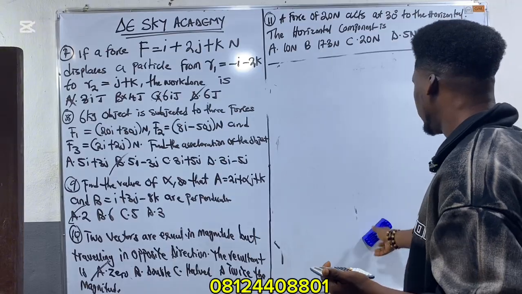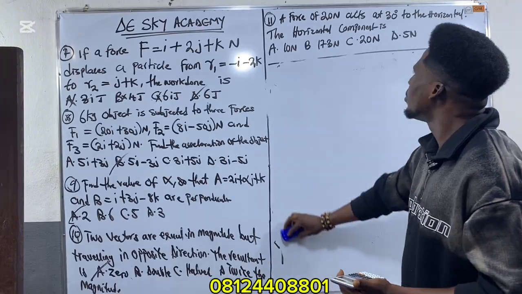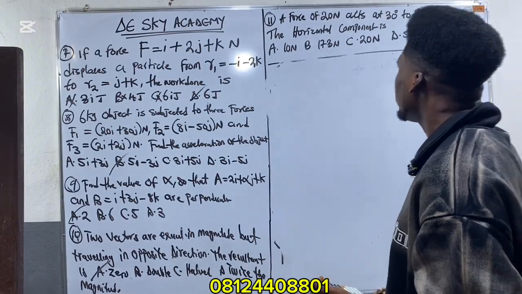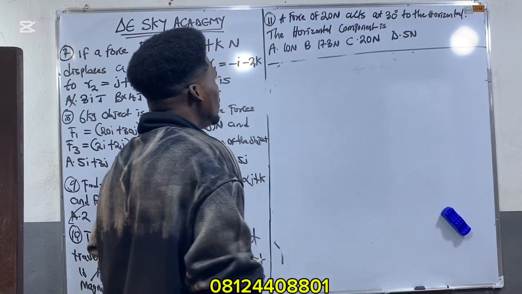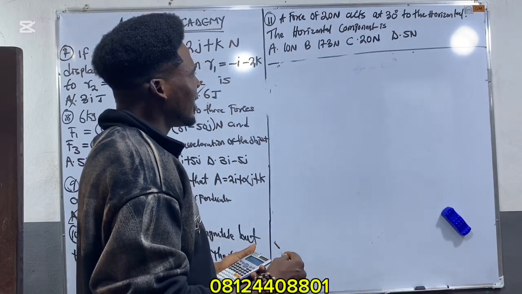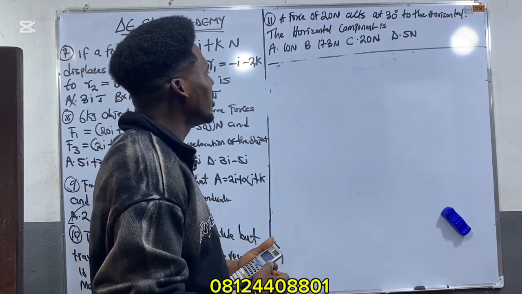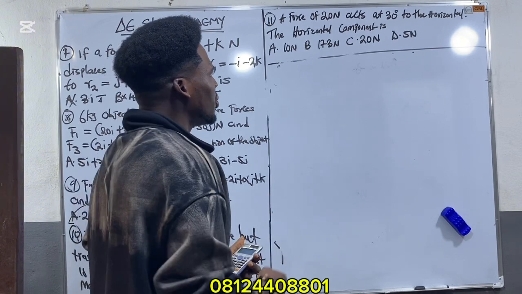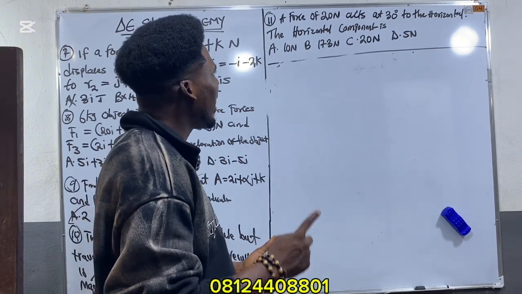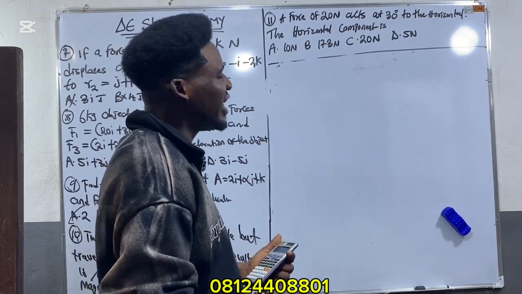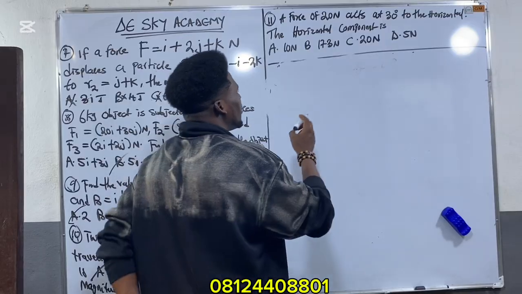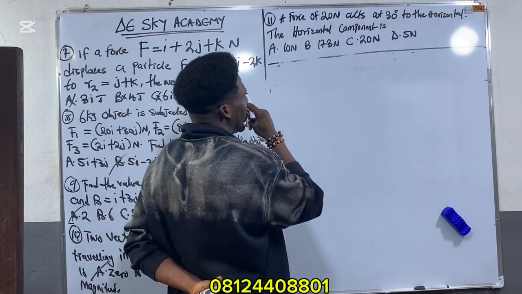Question number 11: a force of 20 Newton acts at an angle of 30 degrees to the horizontal. Then they ask you to calculate the horizontal component. So I have a force of 20 Newton, something like this.